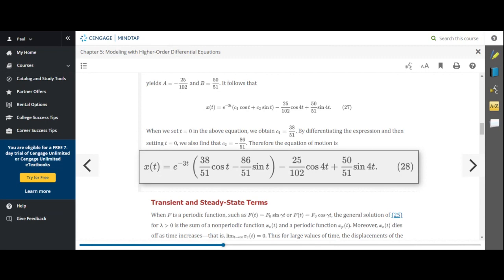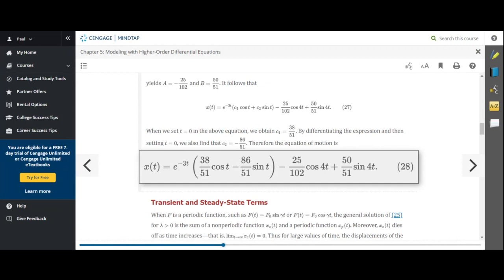Okay, and actually on the next page they have a nice picture. Well, are there any questions on that? Let's make sure people are comfortable with that, because it's of interest to be able to determine what the mass is going to do eventually over time. So this is not an underdamped system.